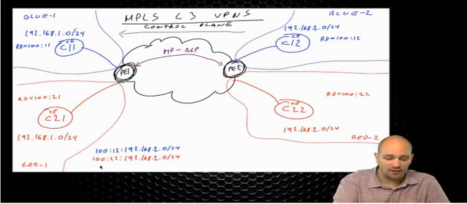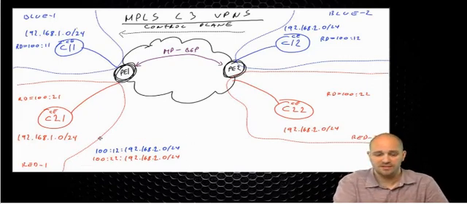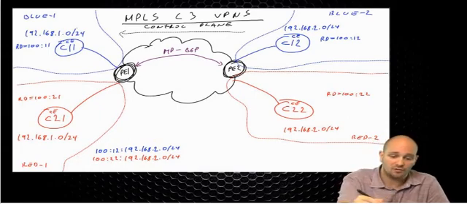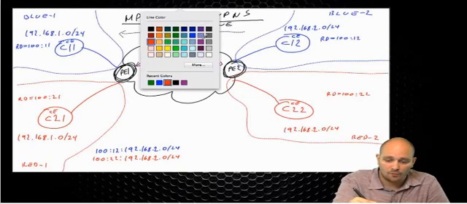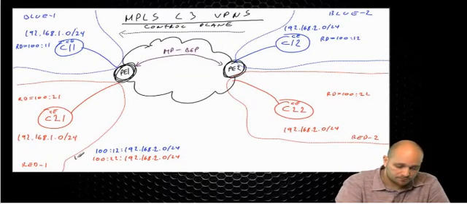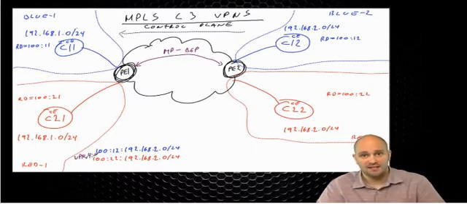So if we take a look at these two prefixes now, first of all, they are not IP addresses, they are VPNv4 addresses that are 96 bits long.